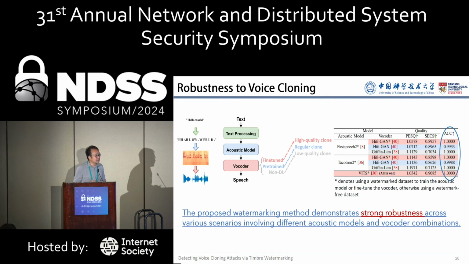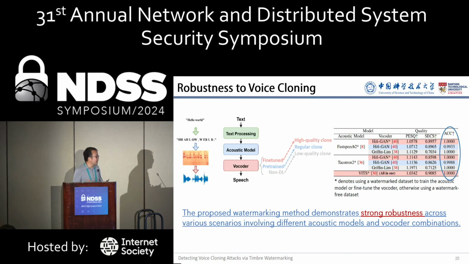The second perspective is robustness evaluation. We consider different possible operations which can threaten the robustness. The first one is the operations that can be performed by the attacker through changes of the vocoder. There are different strategies for the attacker.